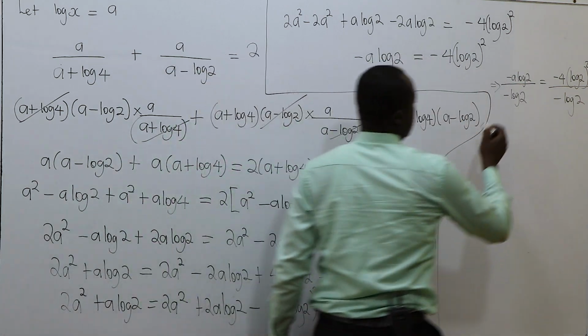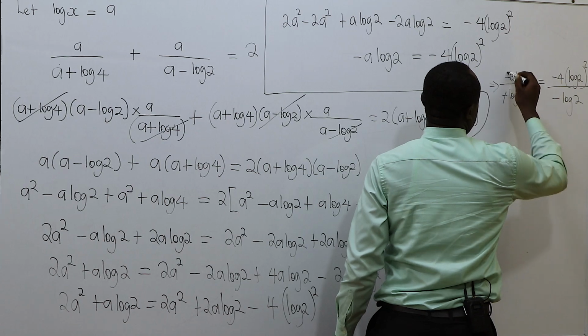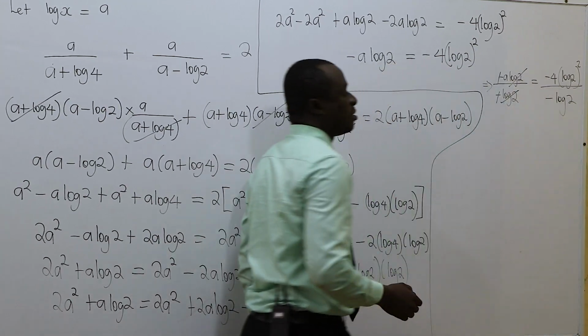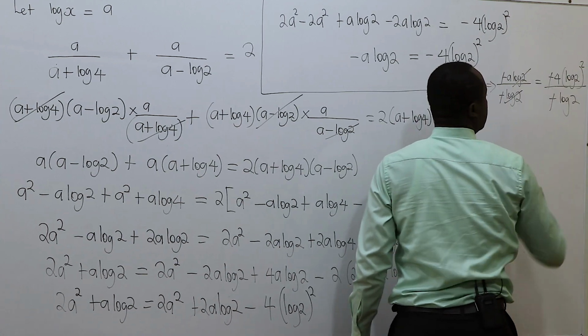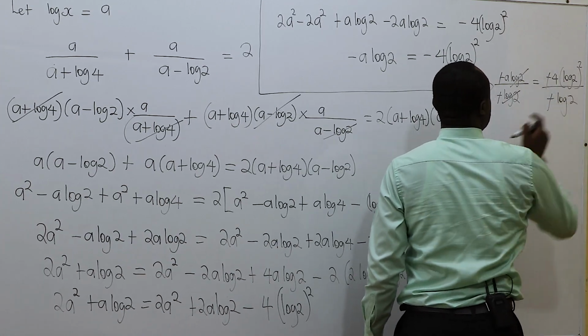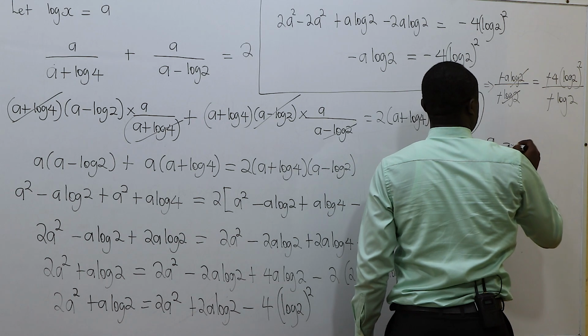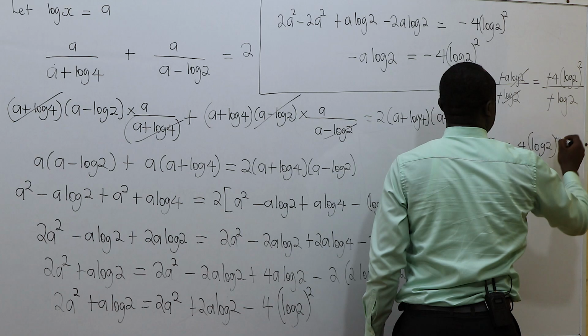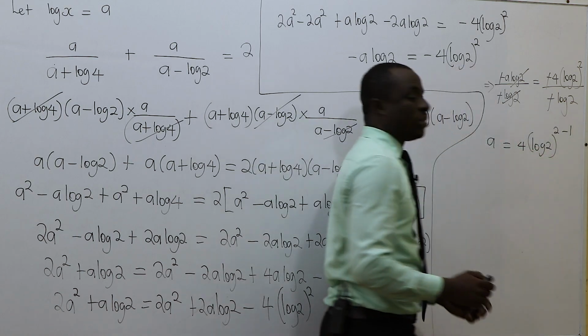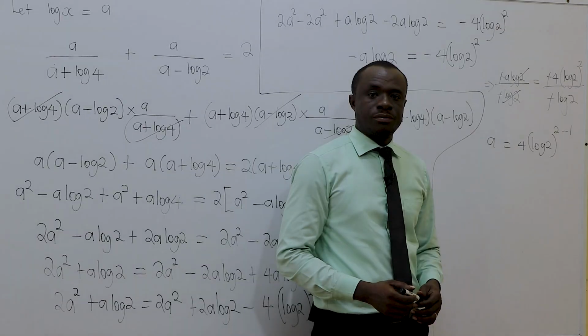Now log 2 is cancelling log 2, and this negative is cancelling that. Now this is log 2 to the power 2. So we have a will be equal to 4 log 2 all to the power 2 minus 1.